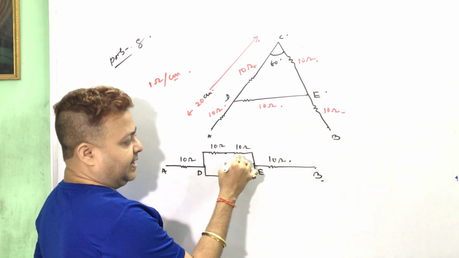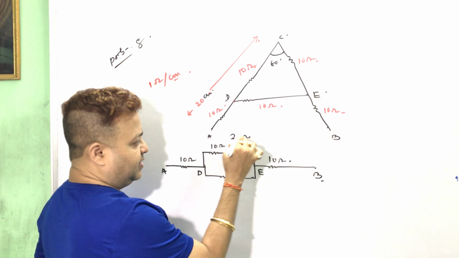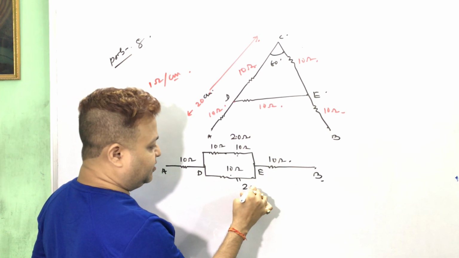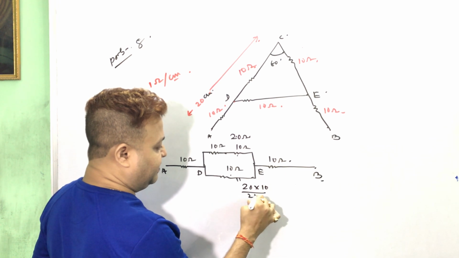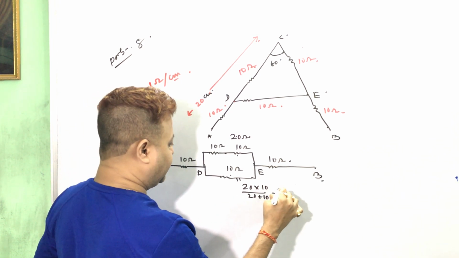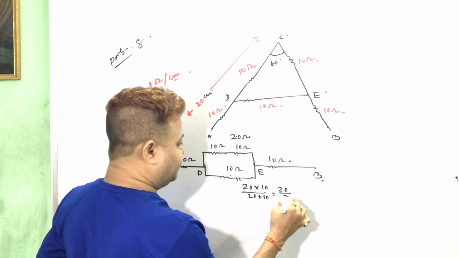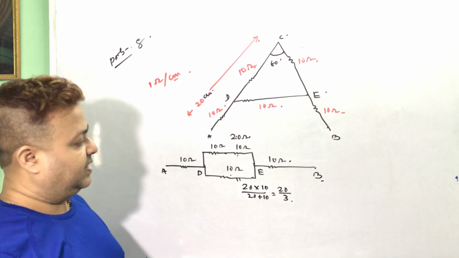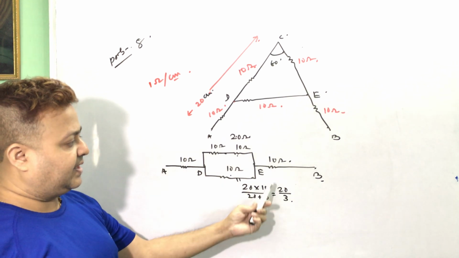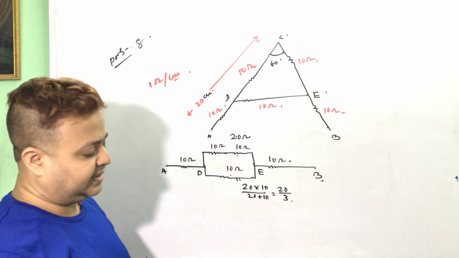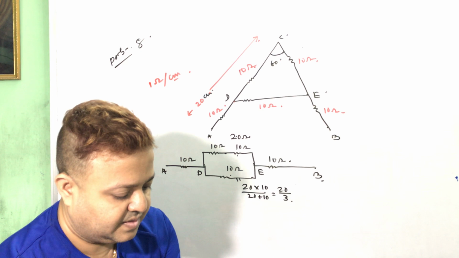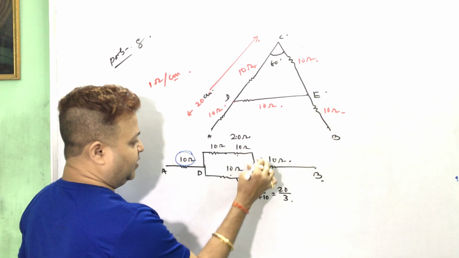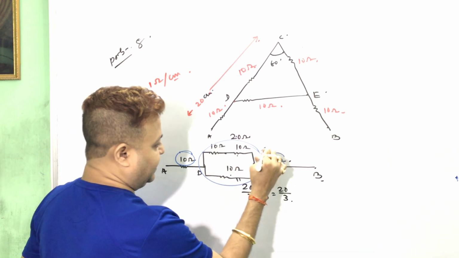This 10 and 10 are connected in series, that is 20. This 20 and 10 are connected in parallel, so the equivalent is 20 into 10 divided by 20 plus 10, that is 20 by 3. Then this 10, 20 by 3 and 10 are connected in series.